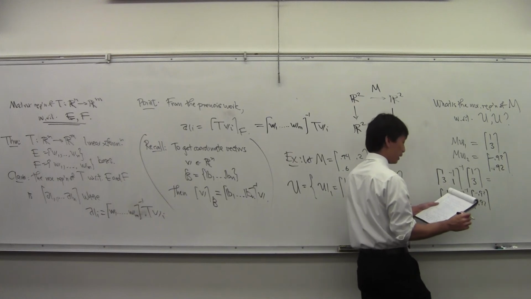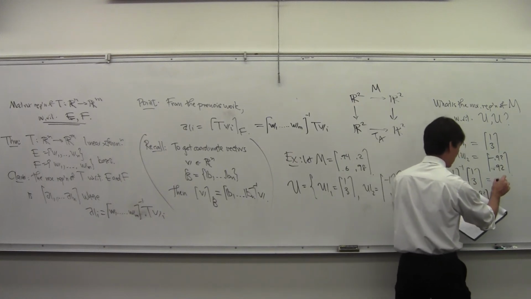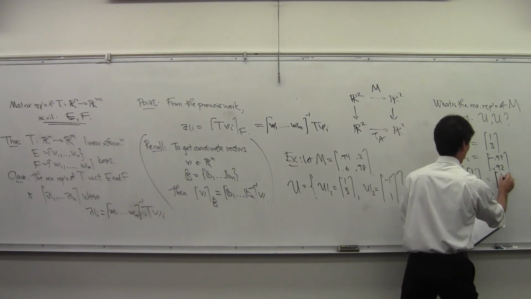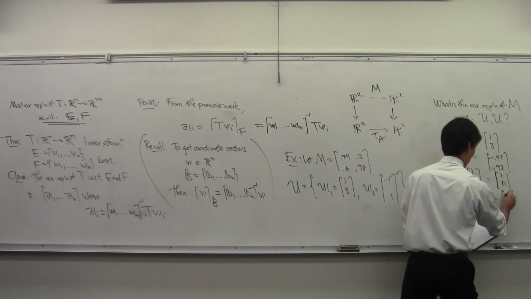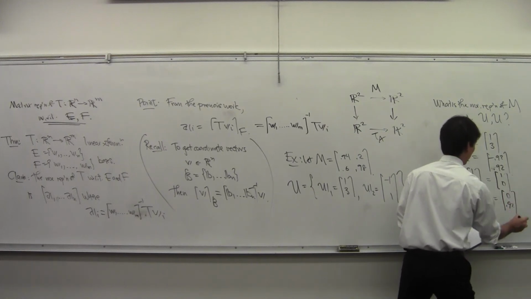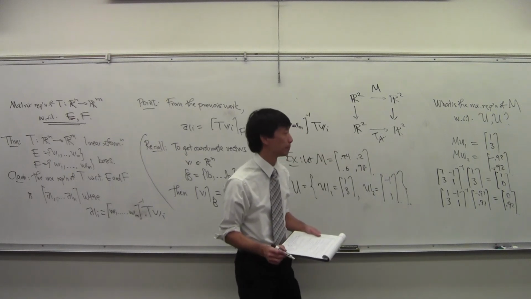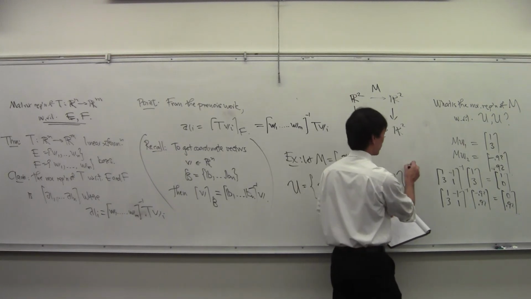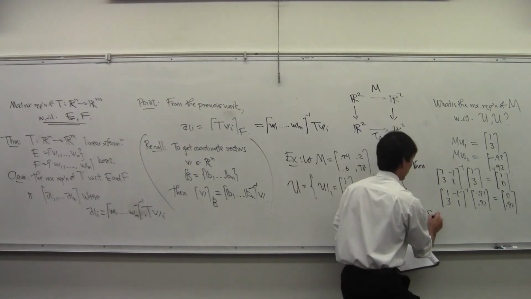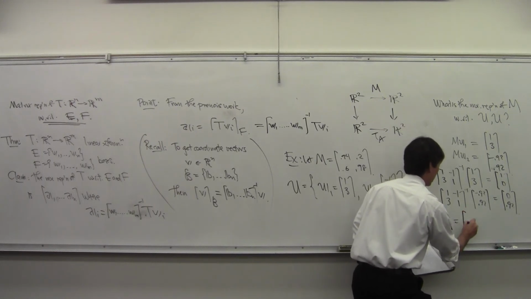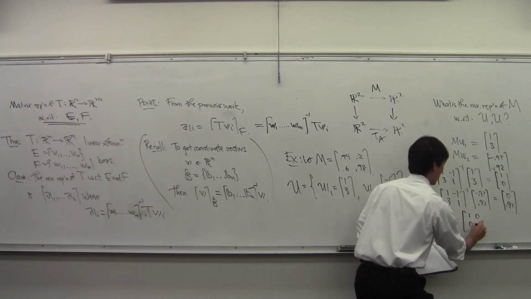And what you get is (1, 0) and (0, 0.92). So A is going to be the matrix with those columns.